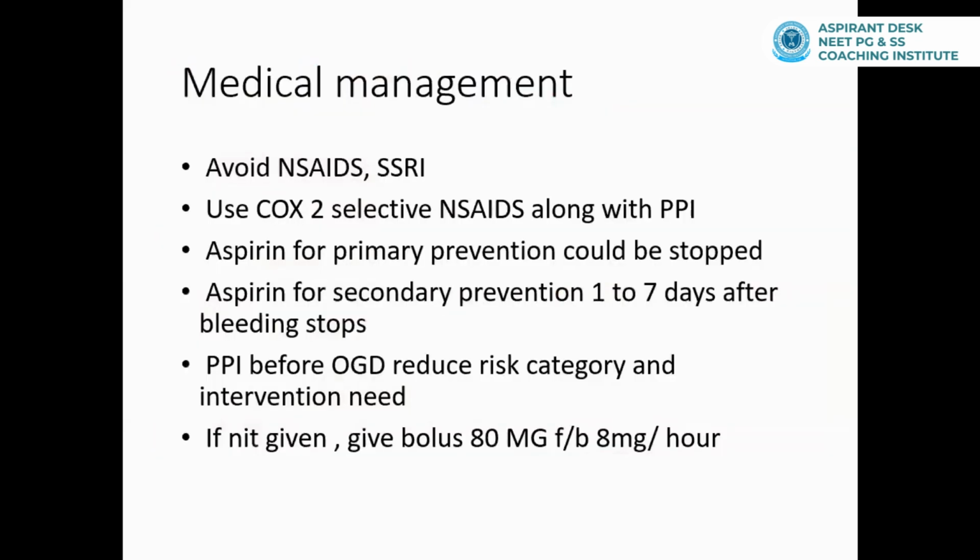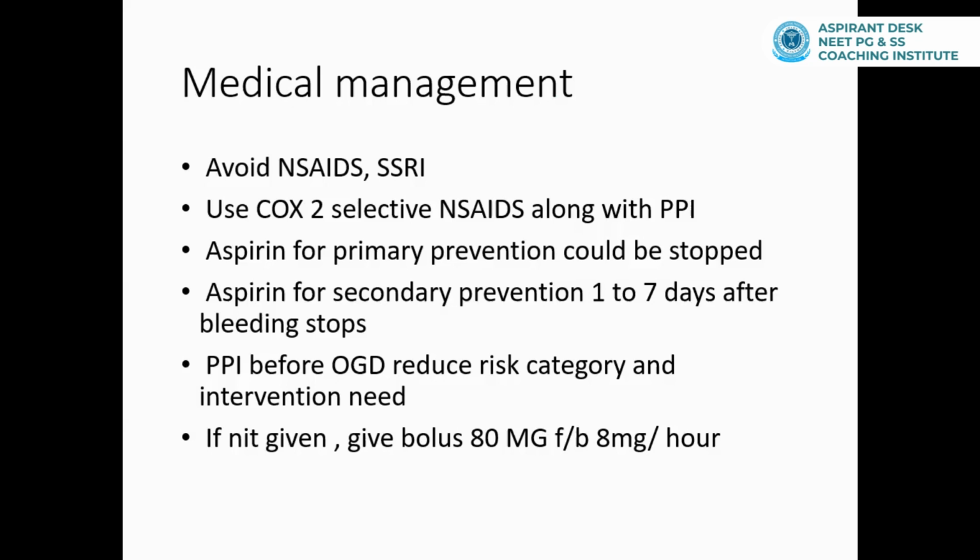And about medical management in UGI bleed, we should avoid NSAID use and SSRIs, selective serotonin reuptake inhibitors. And we should preferably use the COX-2 selective NSAIDs along with the PPI. And about aspirin, if we are using aspirin for primary prevention from the cardiac side, that could be stopped. Okay.